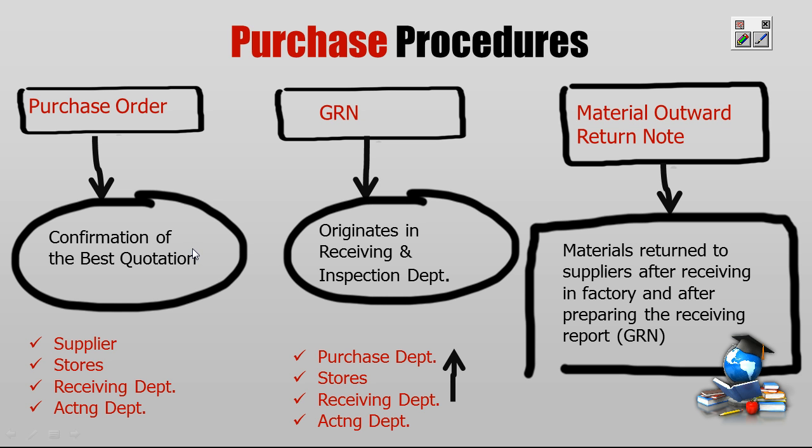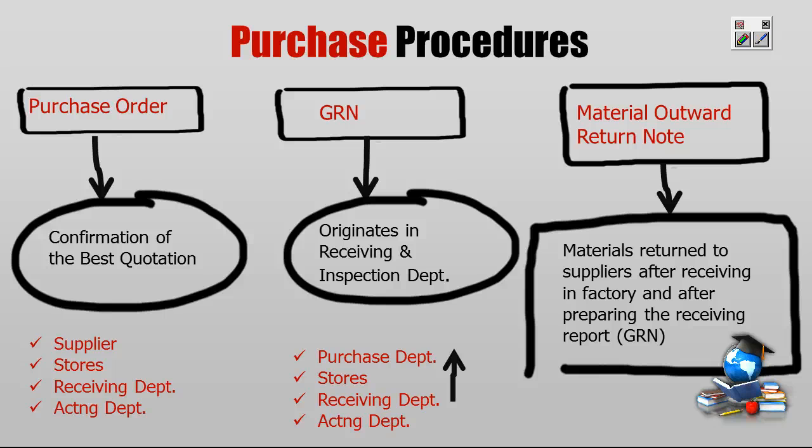So the best quotation has to be selected. There are 4 copies that we will issue. One definitely will go to the supplier. The other 3 copies will be internally routed: one to the stores, one to the receiving department, and the other to the accounting department.